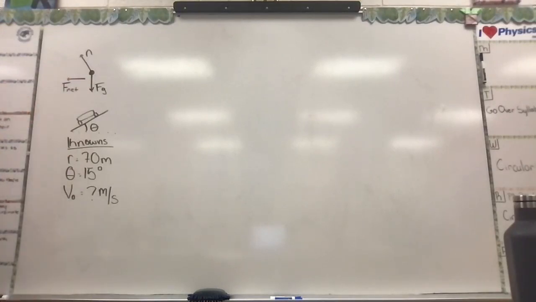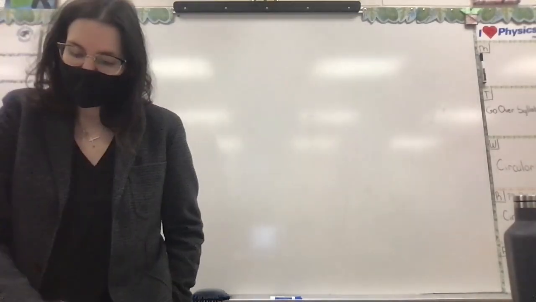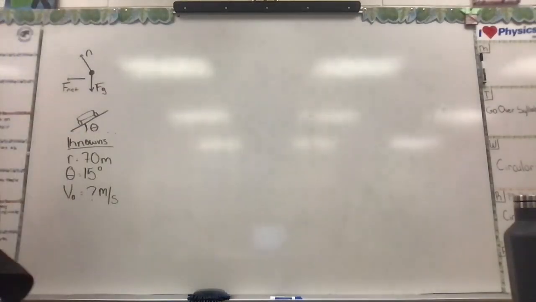Because technically, we don't have friction, so I'm not going to draw the actual force being attached to the particle. This is just saying that we know that our net force is going to need to be pointing towards the center of the circle.